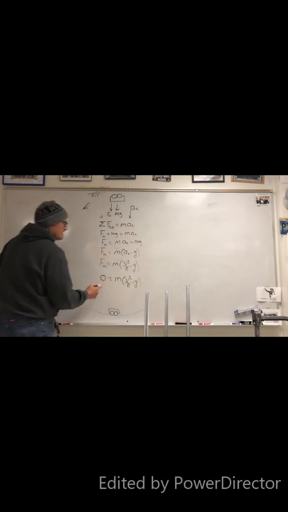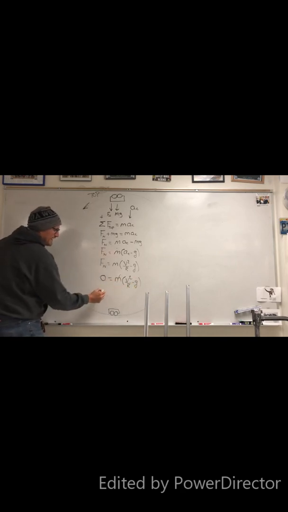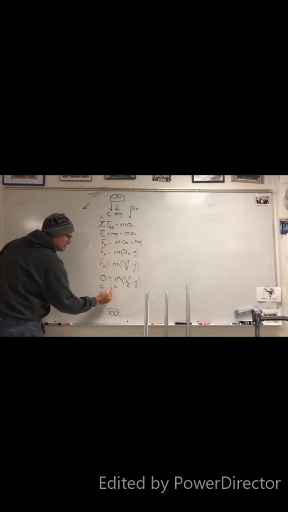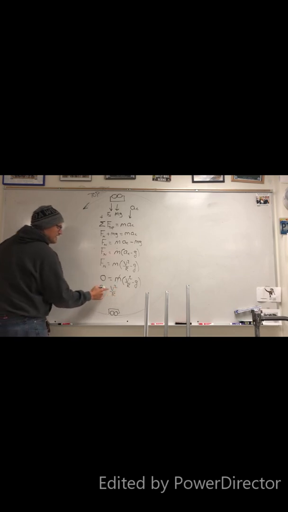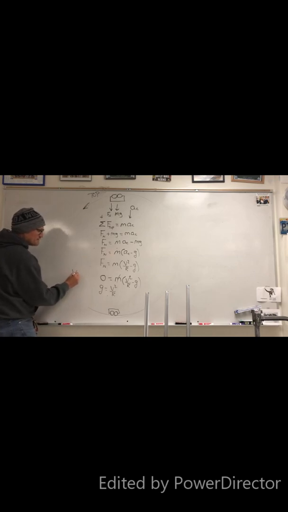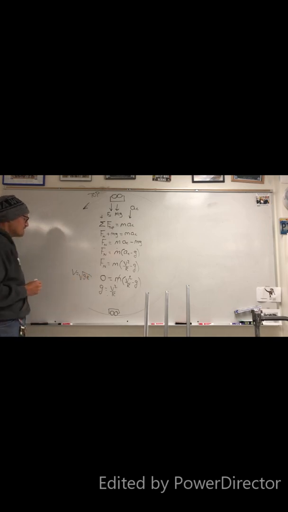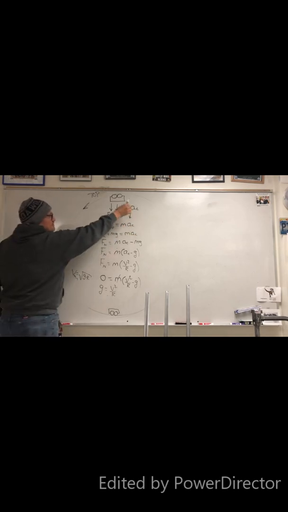The m can cancel out, and so g equals v squared over r. Therefore, to solve for v, v equals the square root of g times r. This will be the minimum speed required for the cart to complete the loop.